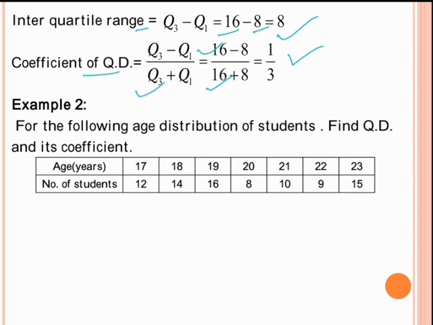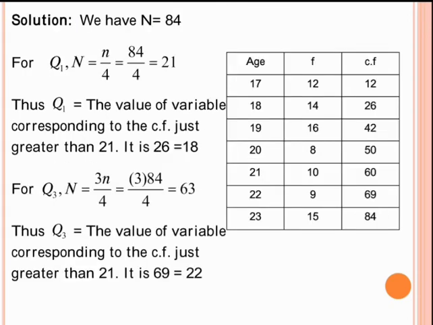Now next, for the following age distribution of students, find quartile deviation and its coefficient. So here we are given age in years and number of students. So first we will need to find Q1 and Q3 for the Xi's and Fi's. So first we are writing all the Xi over here.